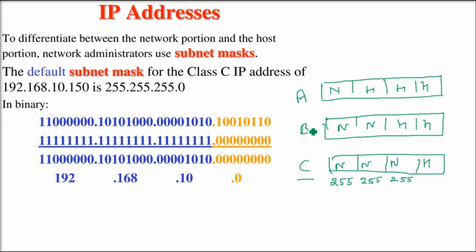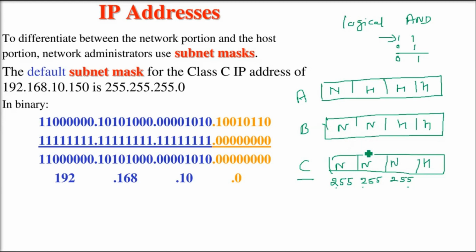Now when we take the logical AND of this subnet mask with any address, which may be A, B, or C. When we are talking about C, if we logically AND our IP address with 255.255.255.0, we get the network ID. 1 AND 1 is 1, and 1 AND 0 you get 0. That is why we took 1111, so that we get the network ID here.